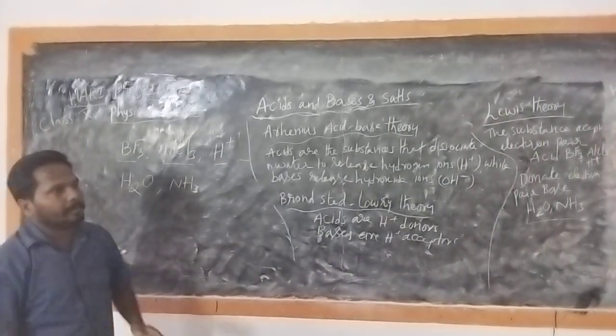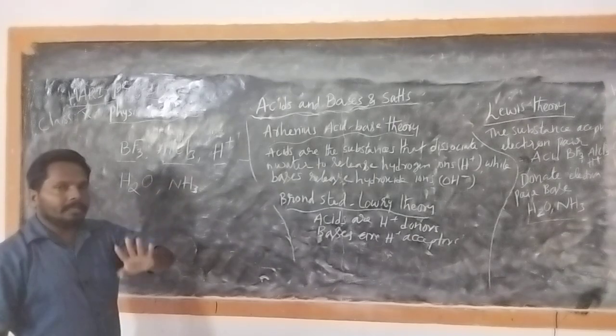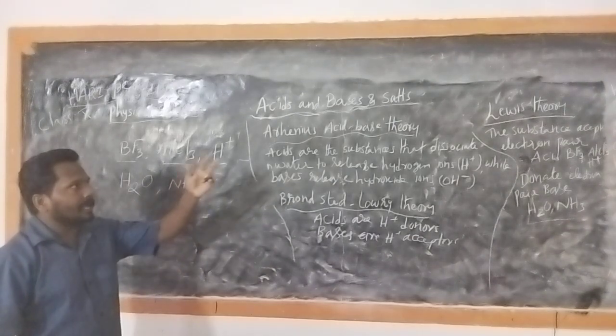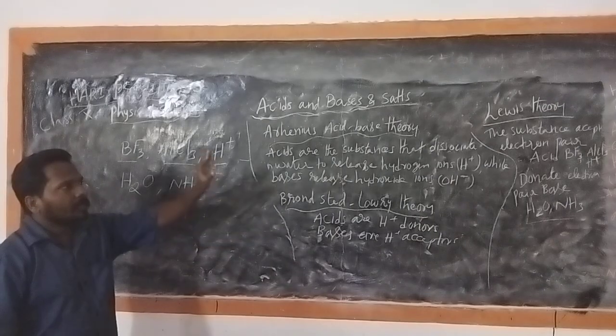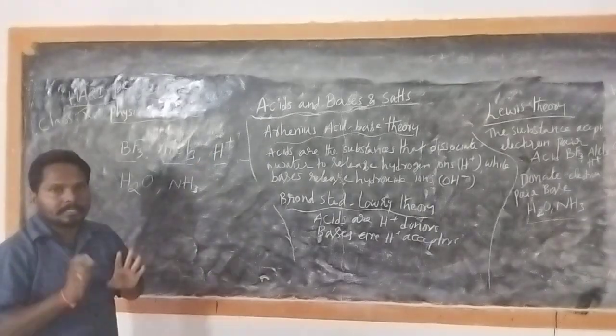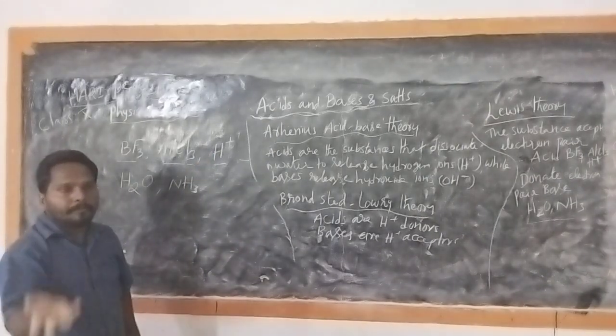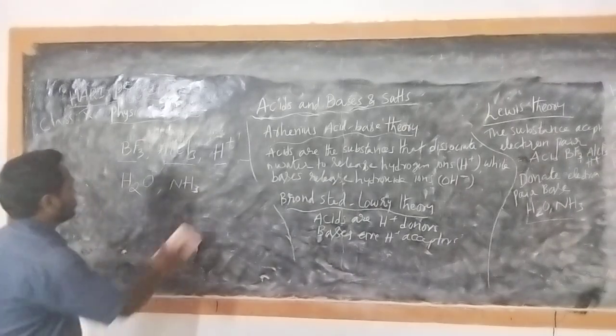Just reminding you, there are three theories about acids and bases: Arrhenius, Bronsted-Lowry, and Lewis. Just keep in mind, we will learn it in higher studies.